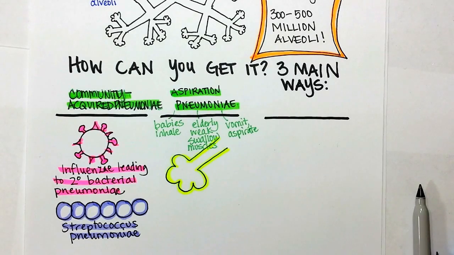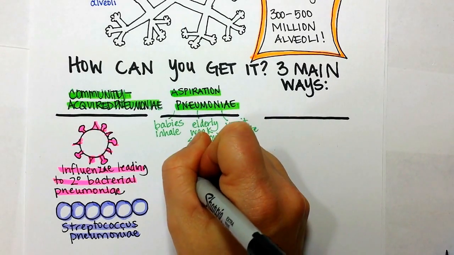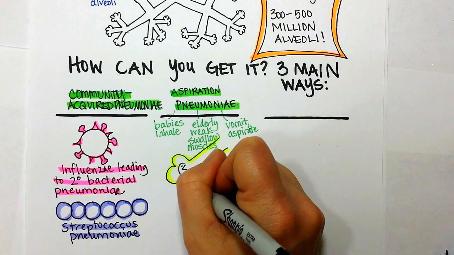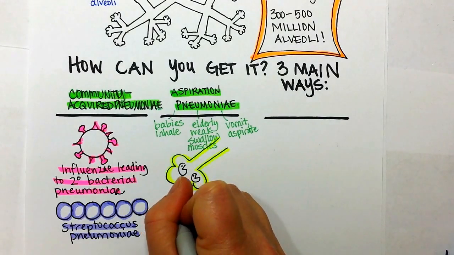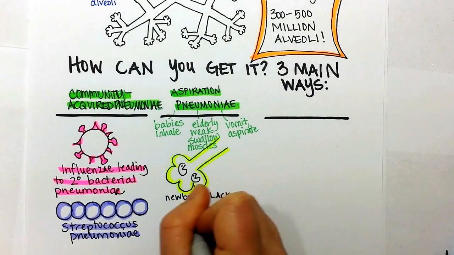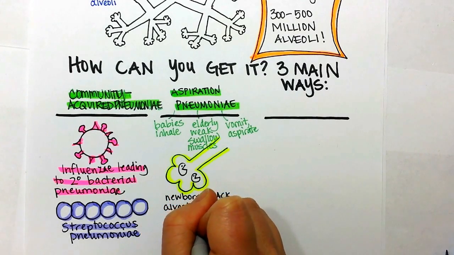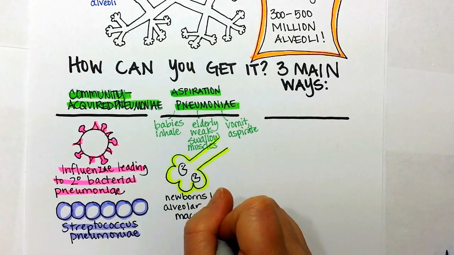One thing that makes this worse for babies is that normally our alveoli are protected by alveolar macrophages, white blood cells, but newborns lack alveolar macrophages, making them more susceptible to pneumonia.